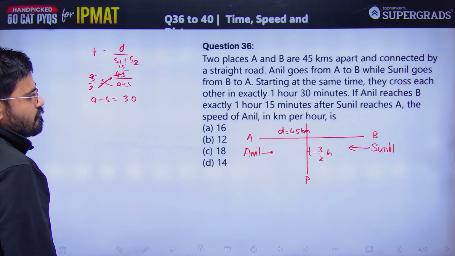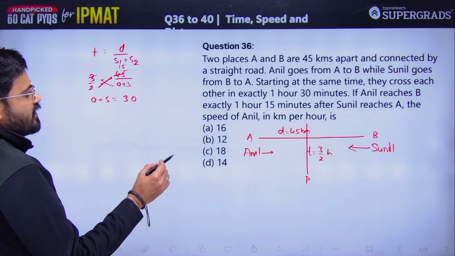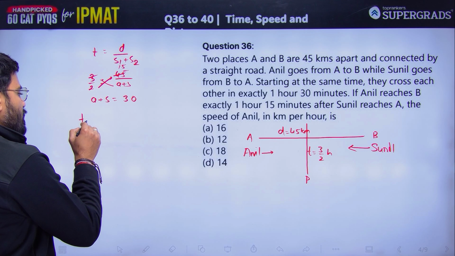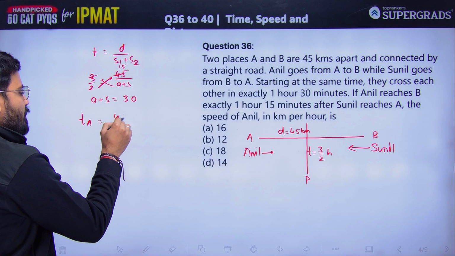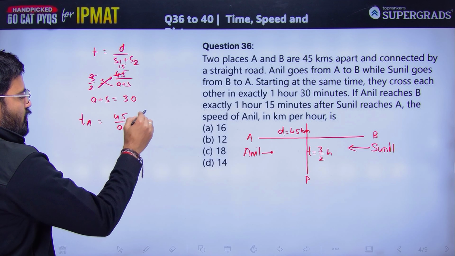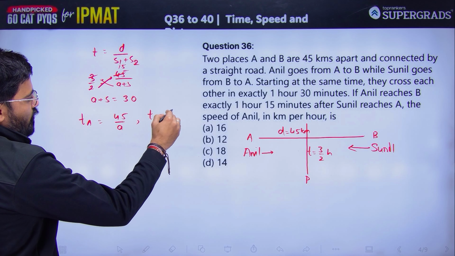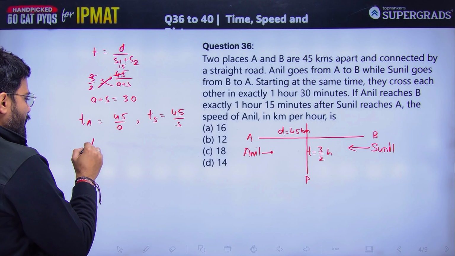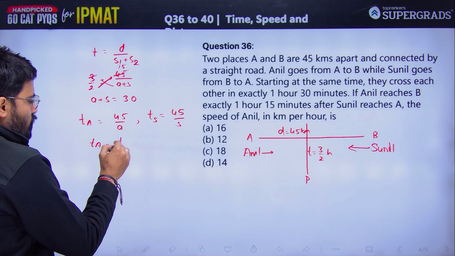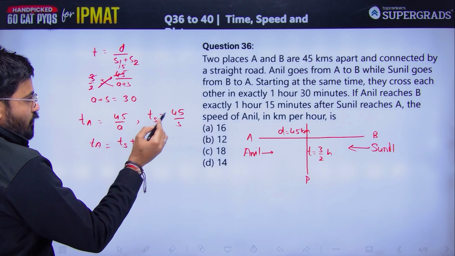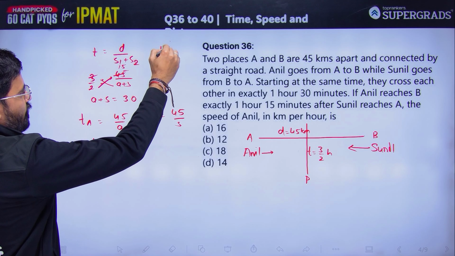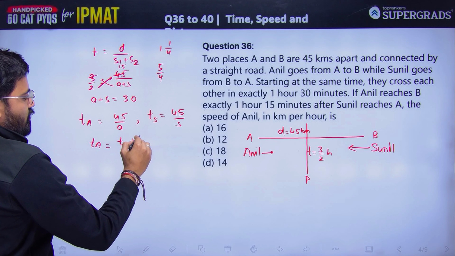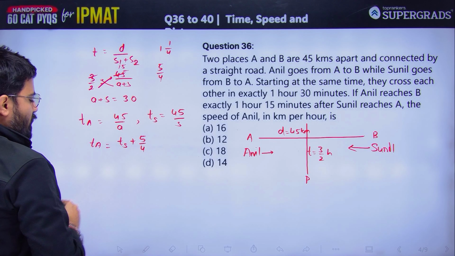And now what they have given: Anil reaches B exactly 1 hour 15 minutes after Sunil reaches A. The time taken by Anil will be equal to 45 by A. Time taken by Sunil will be equal to 45 by S. So time taken by Anil is equal to time taken by Sunil plus 1 hour 15 minutes. 1 hour 15 minutes can be written as 5/4 of an hour.